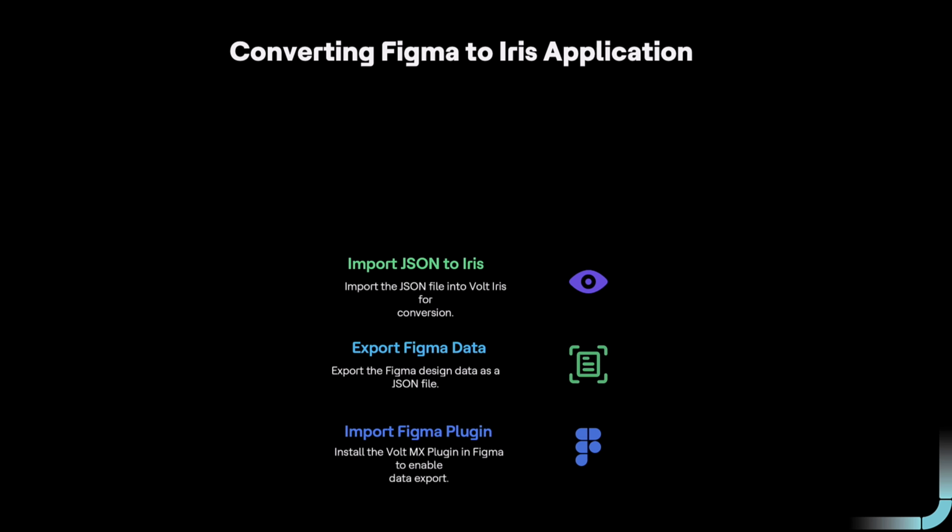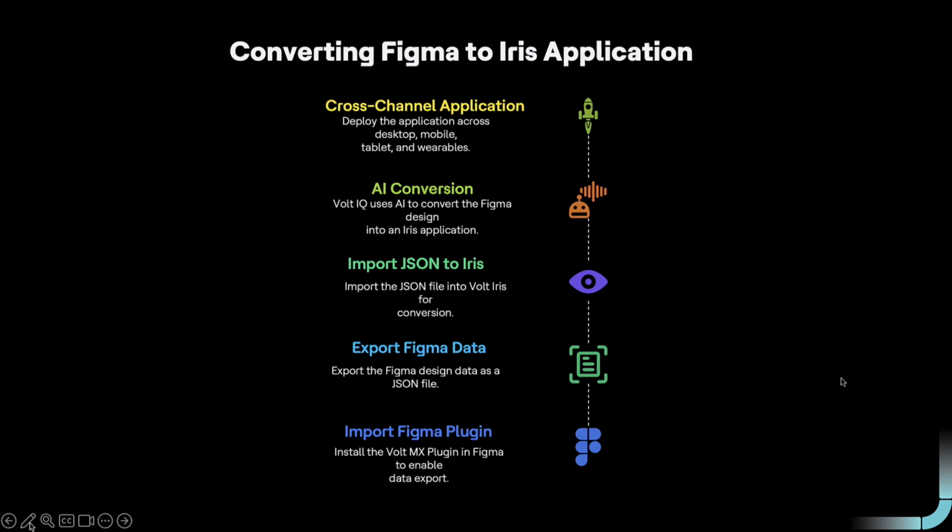Then you go to Iris, which is our IDE, choose whichever project you want to import that form into and import that file. We have deployed Alt IQ, which is our AI assisted development, which will use AI to convert that Figma design into Iris UI and UX, basically making it into an Iris compatible form.